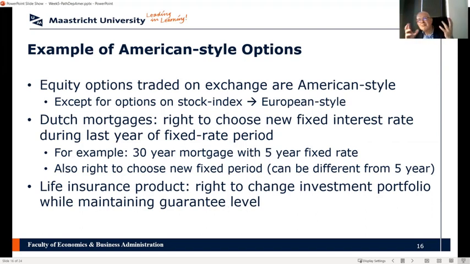So this is an American-ish type of option because you have the freedom to do something during the life of the product. It is more complicated, like the mortgage a little bit, because when you exercise, you don't lose the option. You can basically say, I change the composition of my investment portfolio.